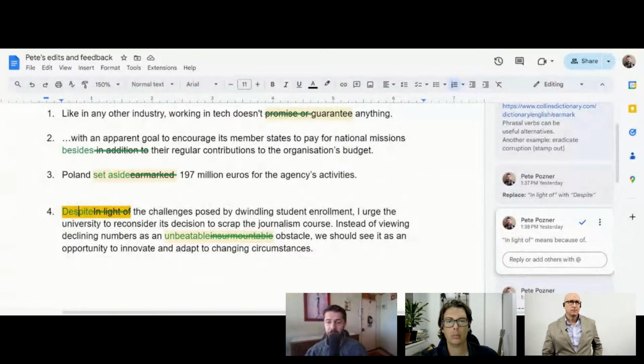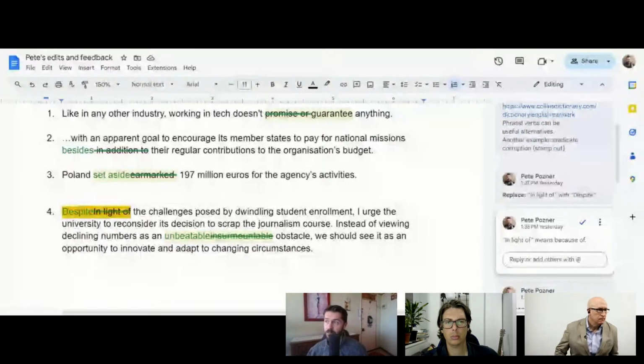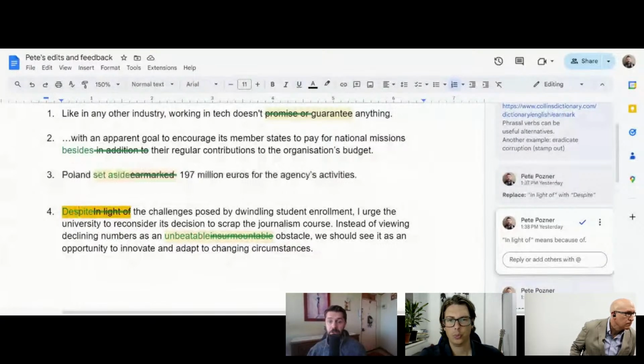Again, if you look this up in an online dictionary like Cambridge, it's marked formal. So again, you want to look for words that are a little less formal, that are immediately going to resonate with a broader audience. So something like unbeatable, an unbeatable obstacle. It sounds much better. So again, one of your goals is to sound natural in your writing, to resonate with broad audiences. And yeah, that's pretty much what I wanted to focus on.